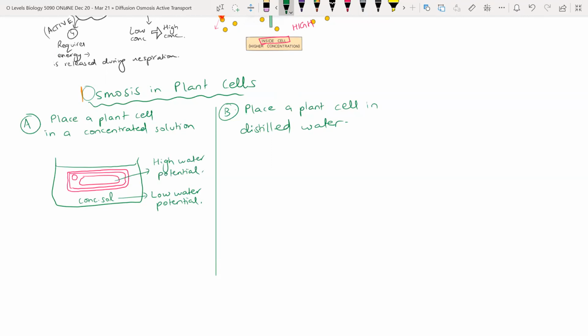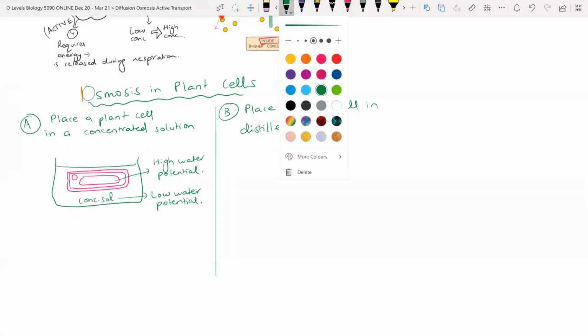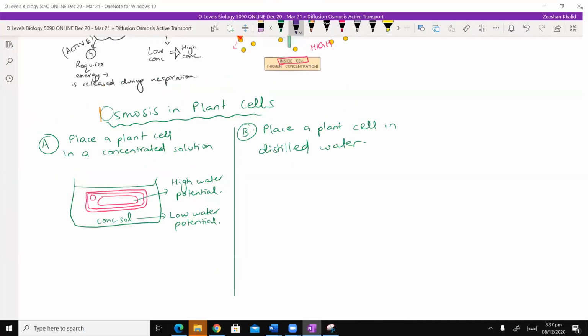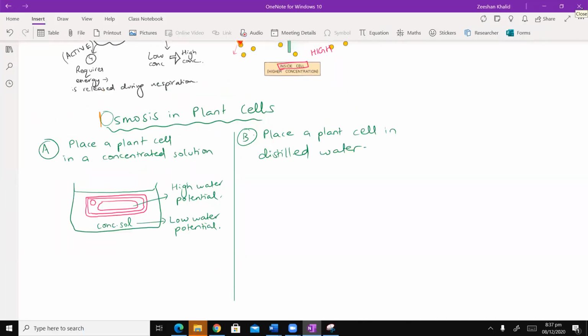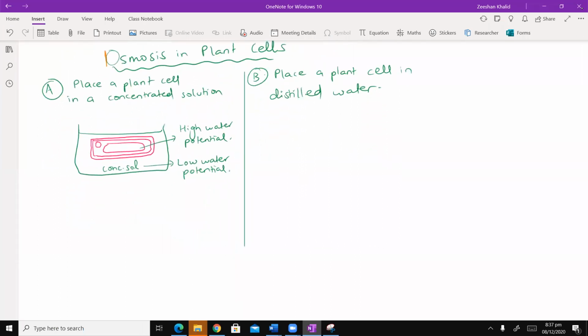So now we need to understand what will be the consequences of the following. If we're placing this cell in a concentrated solution, what will happen is, again, all of this is just the explanation of osmosis.